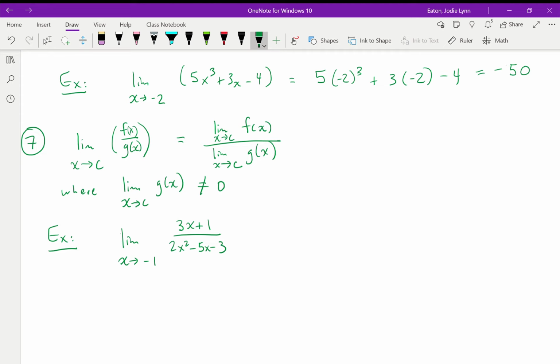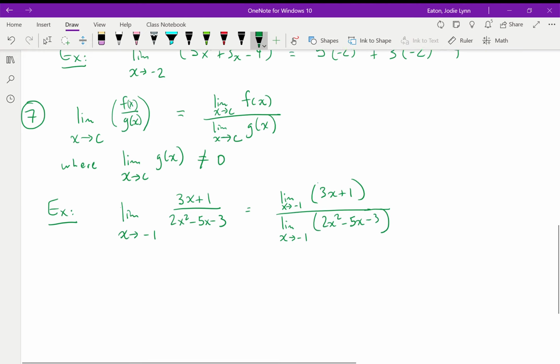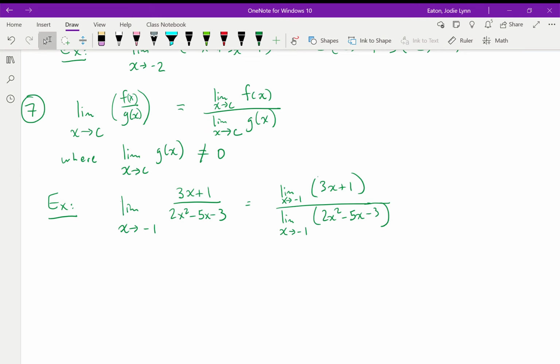So I can just go ahead and say, well, this is equal to the limit as x approaches minus 1 of 3x plus 1 over the limit as x approaches minus 1 of 2x squared minus 5x minus 3. And then I can just go ahead and plug in my points. So this is equal to 3 times minus 1 plus 1 over 2 times minus 1 squared minus 5 times minus 1 minus 3.